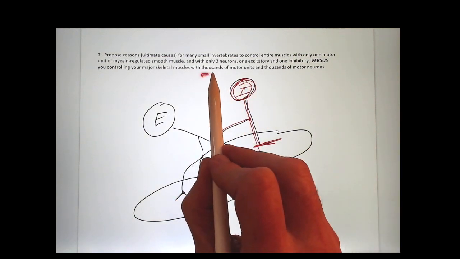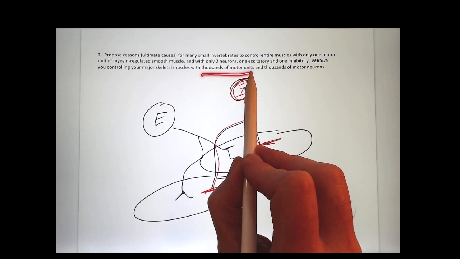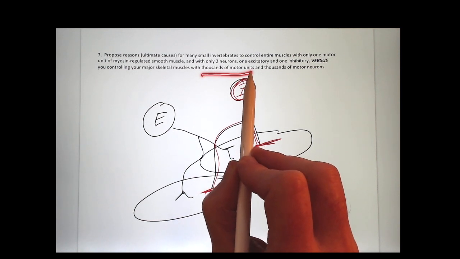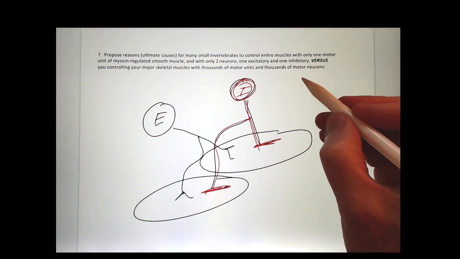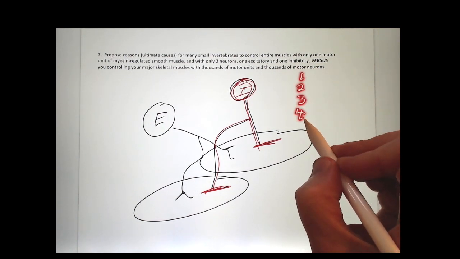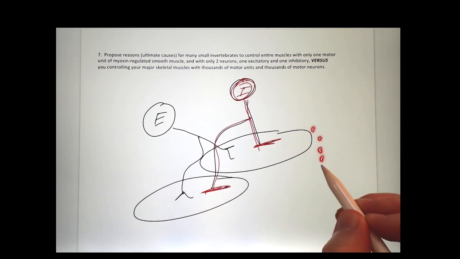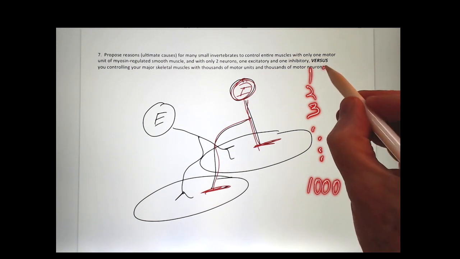And because you have thousands of motor units, because you have thousands of cells or even tens of thousands or more of cells in those big muscles, you can have 1,000 different strengths of contraction just by having 1, 2, 3, 4, 5, all the way up to 1,000 different strengths of contraction.